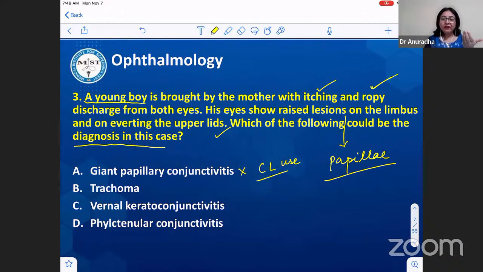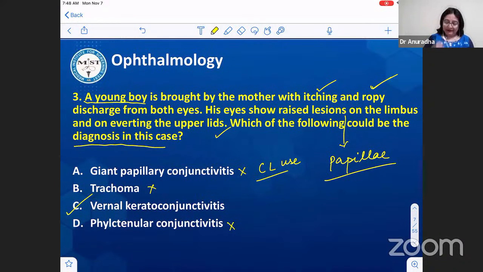And the lesions present in trachoma are follicles, not papillae. So this will be ruled out. Vernal keratoconjunctivitis or spring catarrh is the right diagnosis, as you all had already mentioned, friends. And phlyctenular conjunctivitis is ruled out because there you see yellowish nodules around the limbus and no ropey discharge or itching is seen in these cases.